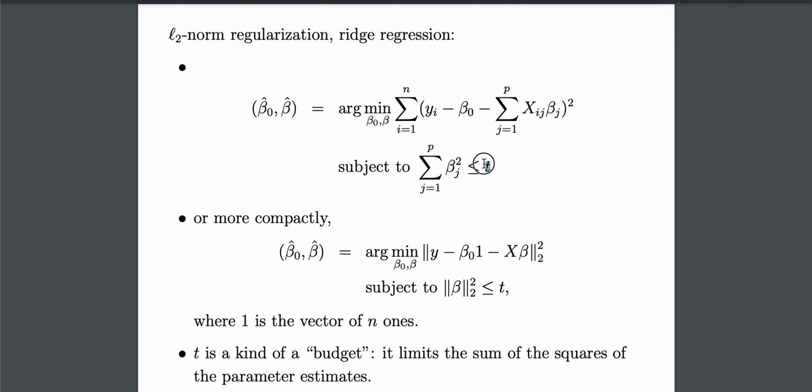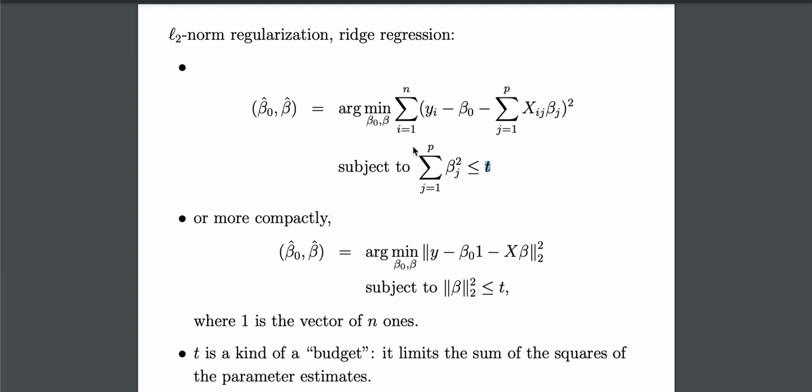If t is 0, then the betas are 0, and we are left with an intercept, a simple model, the simplest model possible. So if t is 0, then we only get an intercept. If t is infinity, we get linear regression if we can find an answer.